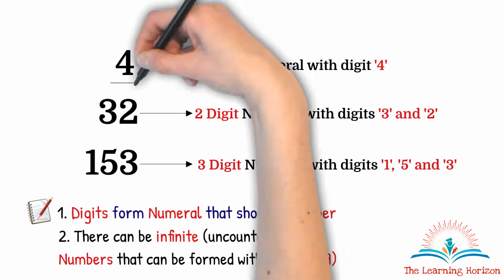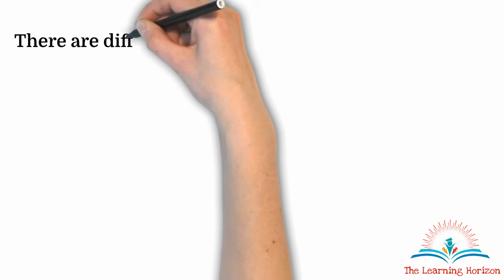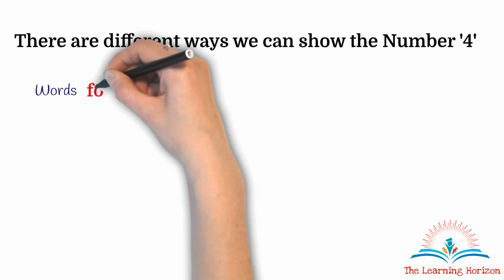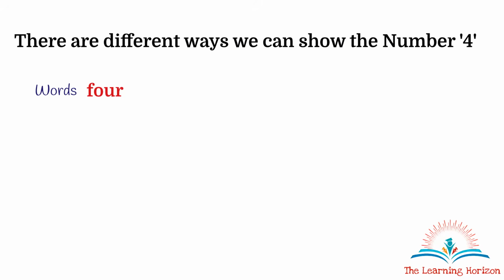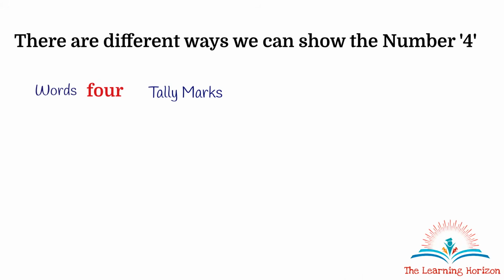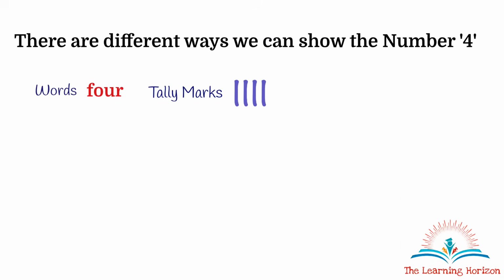But is this the only way to show a number? No, there are different ways we can show the number 4. Like, I can write in words, that is FOUR. It shows the number 4. Or I can show using tally marks, that is 1, 2, 3, 4.